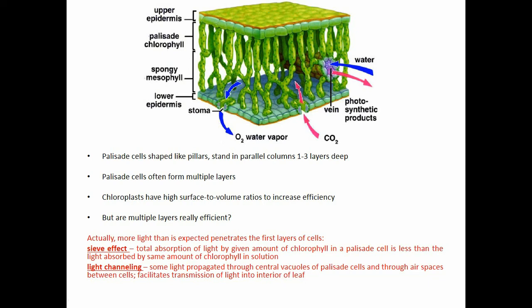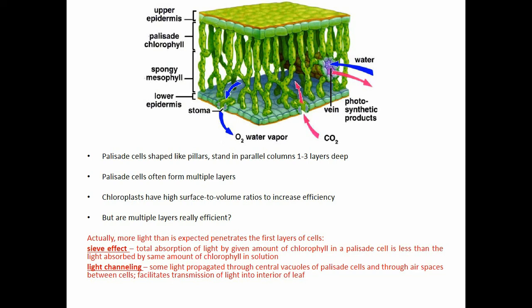Now, chloroplasts, the volume of chloroplasts relative to surface is dependent on the environment. If you are in a very shady area, you're going to increase your chloroplasts, because an increase in chloroplasts means you have a higher surface to volume ratio, which will increase efficiency.